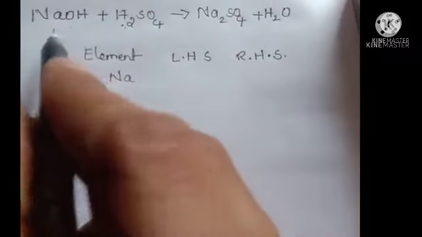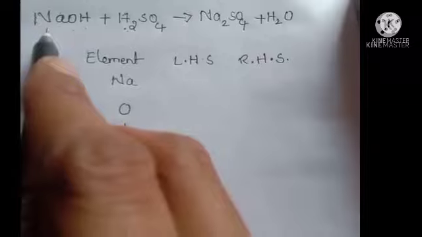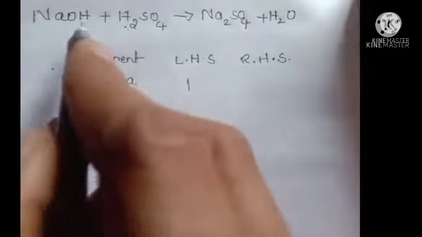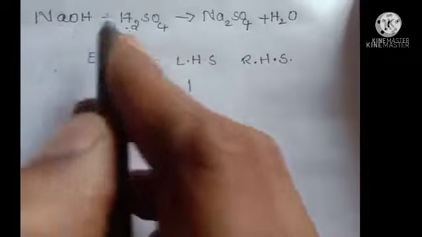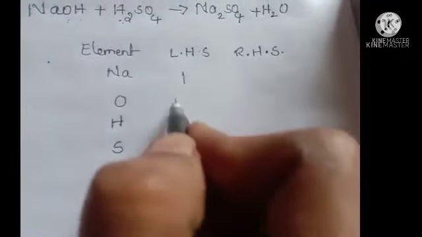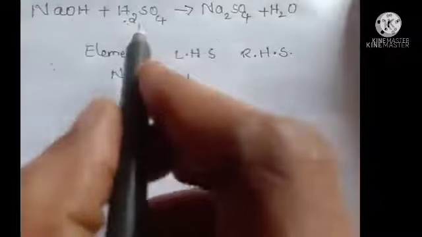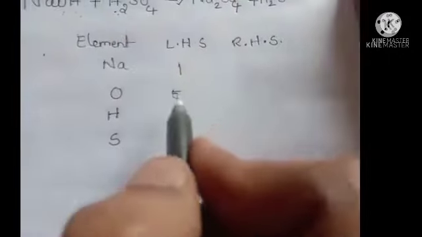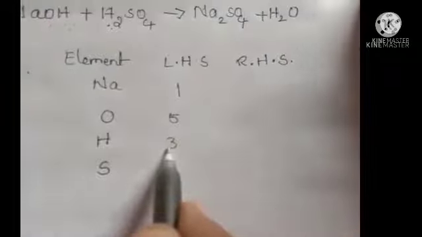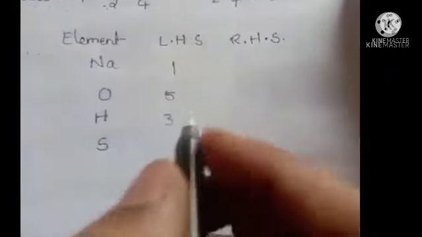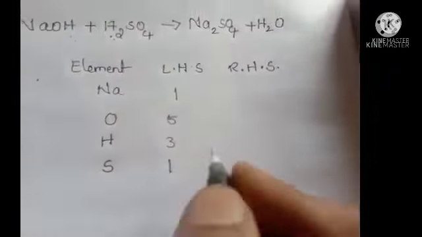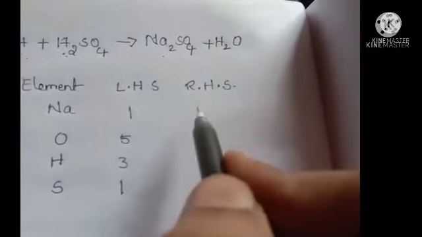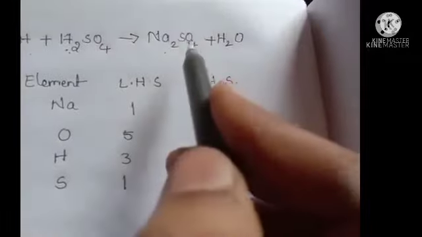On the left side, how many sodium atoms are there? Only one. Oxygen 1 plus 4, total 5. Next, hydrogen 1 plus 2, total 3. Sulfur 1. Then on the right side, sodium is 2.